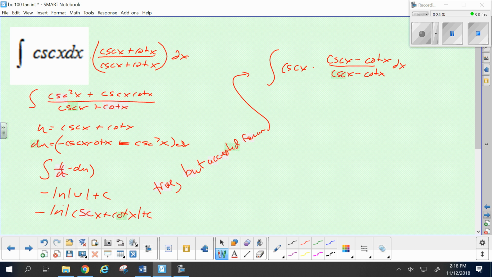If you do that, you'll get the more common form you'd see in the back of any text.